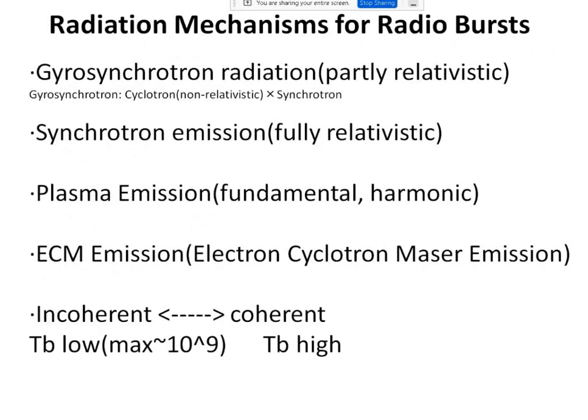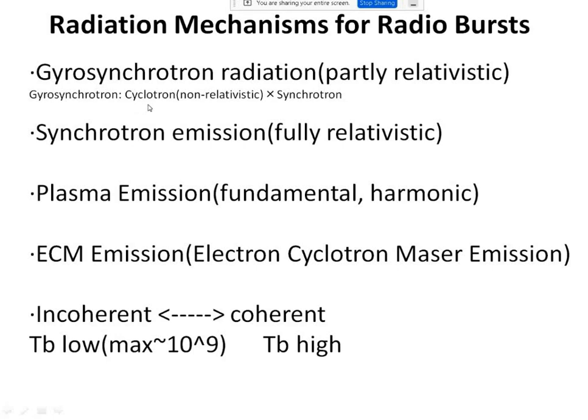Radiation mechanisms for radio burst. I will briefly introduce the possible mechanisms for the solar radio burst. First, we have the gyrosynchrotron radiation, which is partly relativistic. Gyrosynchrotron means gyro emission and synchrotron emission; it's the combination of the two.